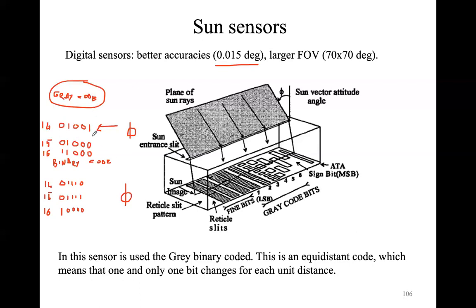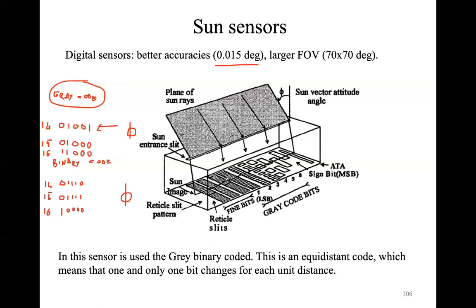So that's the reason why the gray code is used: it provides less variability in the expression of the decimals of phi, and it is very useful for space. This is only a brief additional explanation of the digital sensor for these sun sensors. If you want more, you can ask me, or read the paragraph in the book that gives an overview of these 2 codes, the binary code and the gray code.